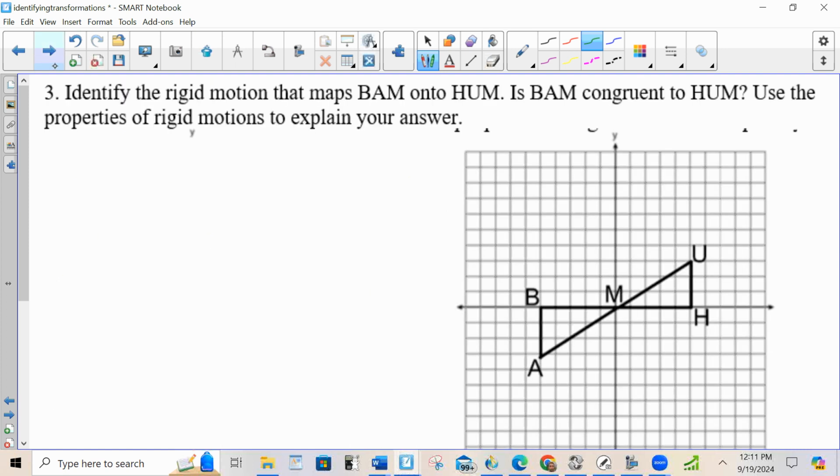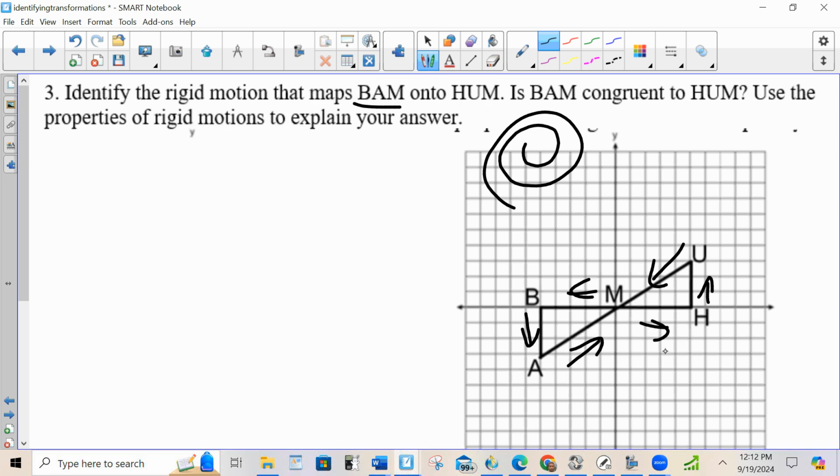Number 3. Check for orientation. So I got BAM, B to A to M. This is going counterclockwise. I've got H to U to M. This is going counterclockwise.